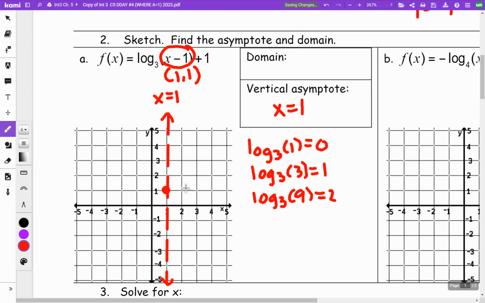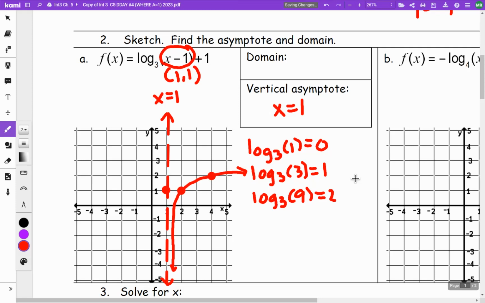I go out 1, log base 3 of 1, 0. I go out 1, 2, 3, log base 3 of 3, 1. That's all the nice ones I'm going to be able to fit on. And then it comes like this, almost looks kind of like a square root graph, but it doesn't stop. It gets closer and closer to the asymptote.